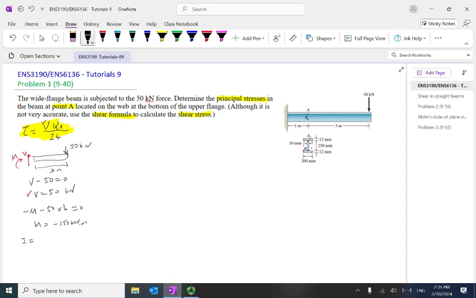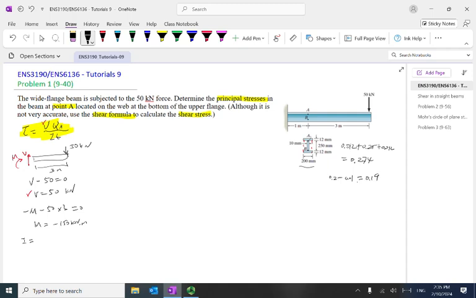Here the width is 0.2. The height is 0.012 plus 0.25 plus 0.012, which will be equal to 0.274. And for the small one, the width will be 0.2 minus 0.01, so that's 0.19.